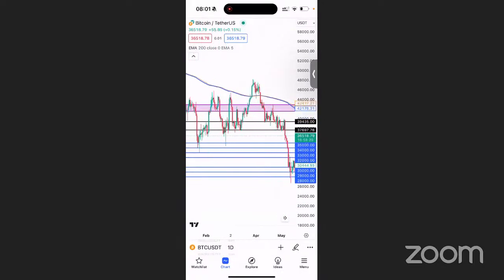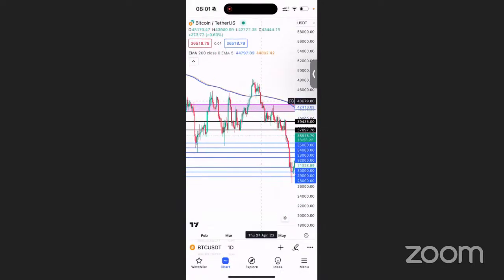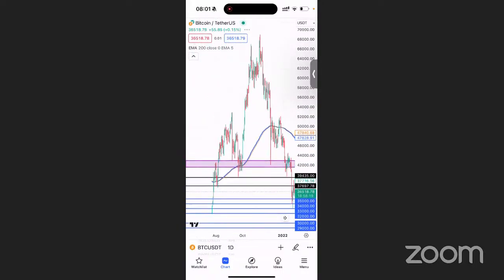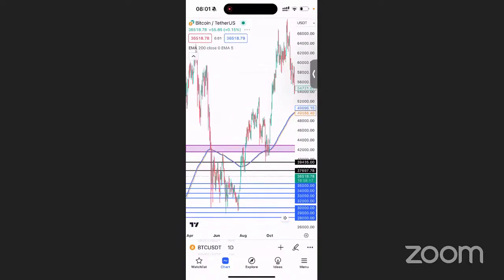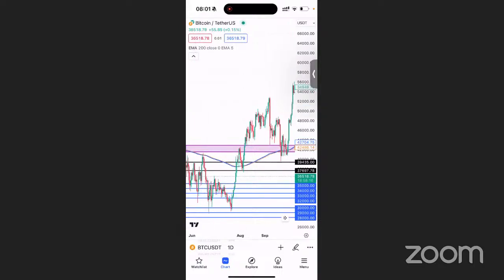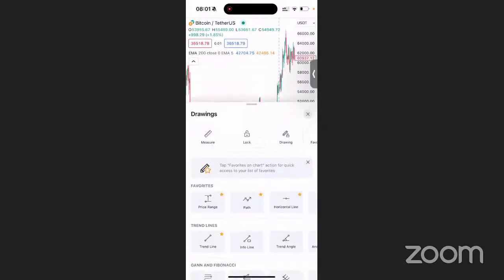So basically, you can see here, when BTC, let me get back here so that I create a sensible understanding. Let me remove all drawings.